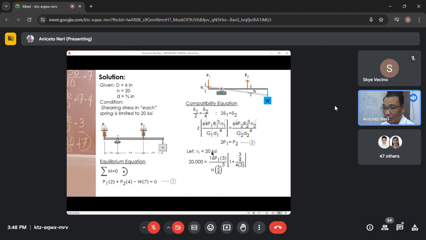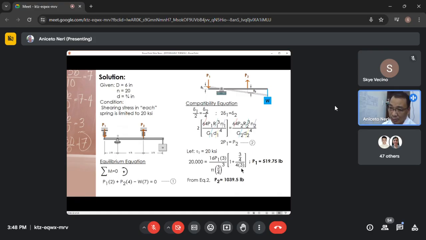The stress is converted to PSI so that the unit of P is pounds. Okay, using your calculator, we get P1: 519.75. After this, you go back to equation 2 to get P2.